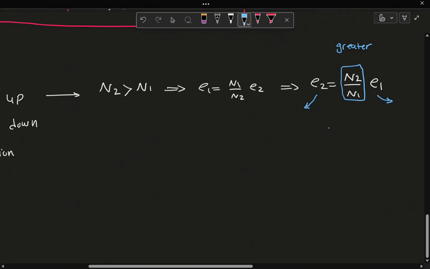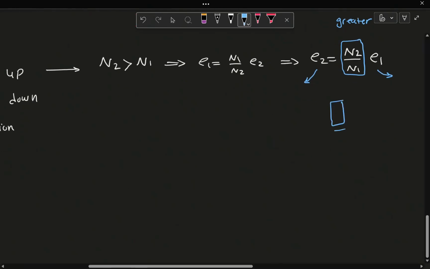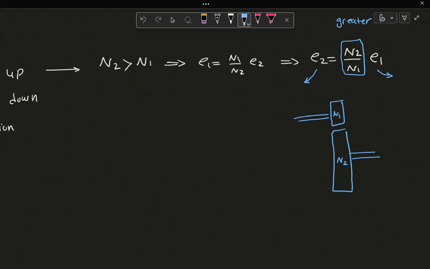If you want to compare this, you can compare it with a gear chain where the number of teeth on the second side, this is N2 and this is N1, is much higher than the number of teeth on the first side.